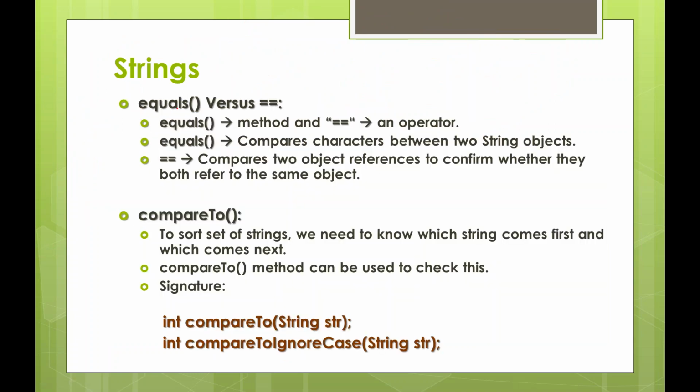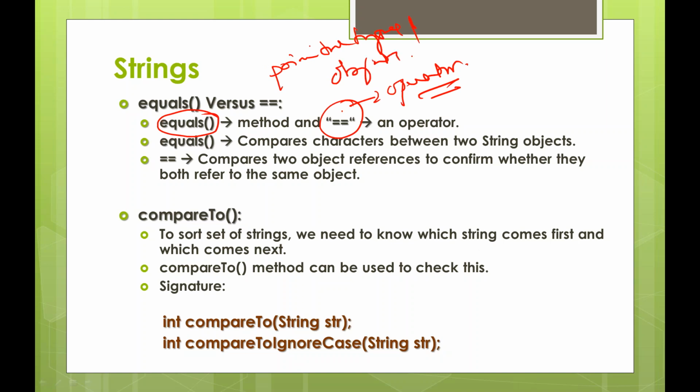So let us see the difference between equals and ==. The main difference that you should remember is that equals is a method, and == is an operator. There is a difference between primitive types and objects.